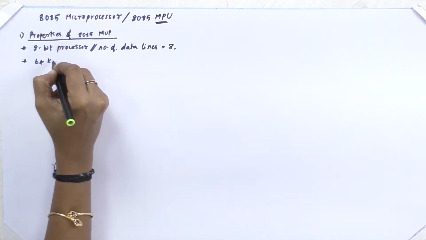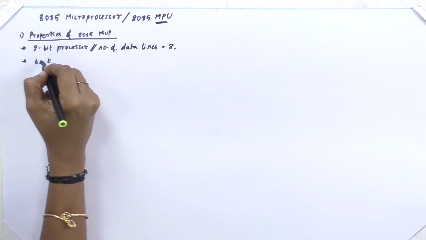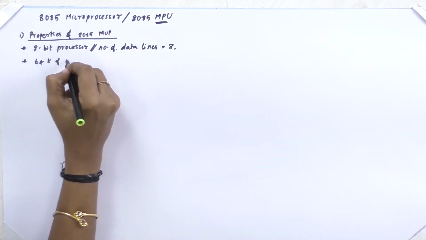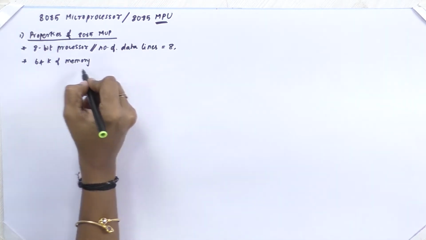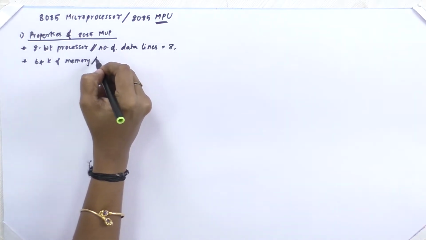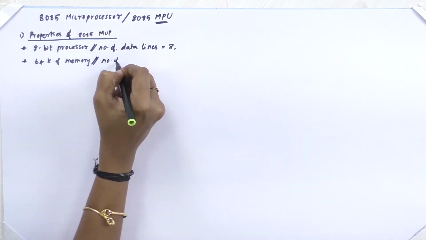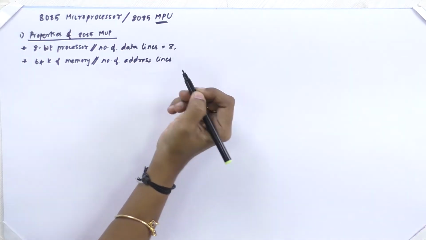Next, this 8085 microprocessor is capable of addressing 64 kilobytes of memory. It can store data up to 64 kilobytes. This property is based on the number of address lines present in the microprocessor.